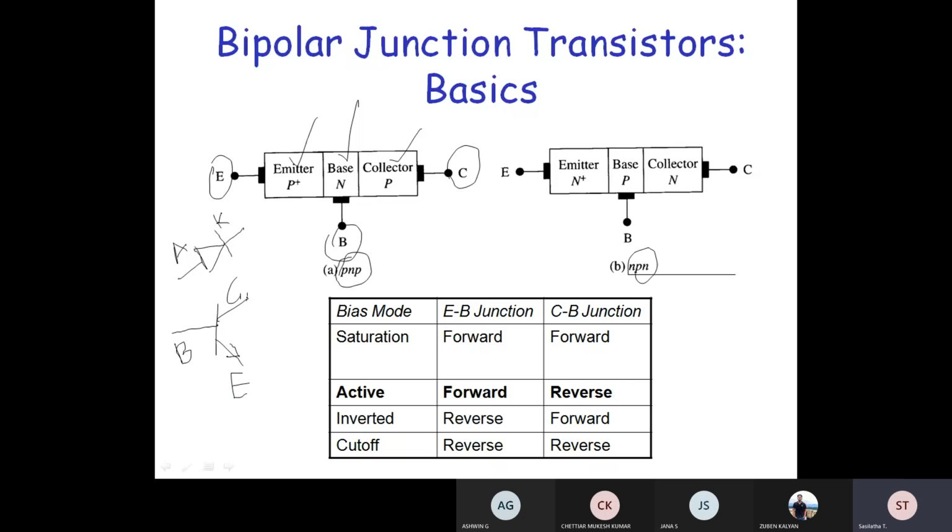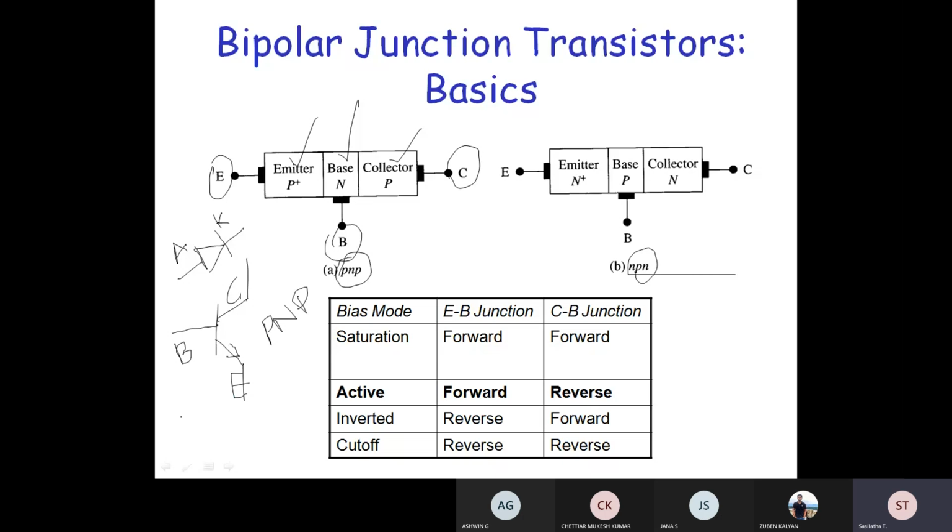This is normally the symbol of any transistor. The arrow may be inward or outward depending on whether it is a PNP or NPN transistor. For a PNP transistor, the emitter is made of p-type semiconductor, the collector is made of p-type semiconductor, and the base is made of n-type semiconductor.